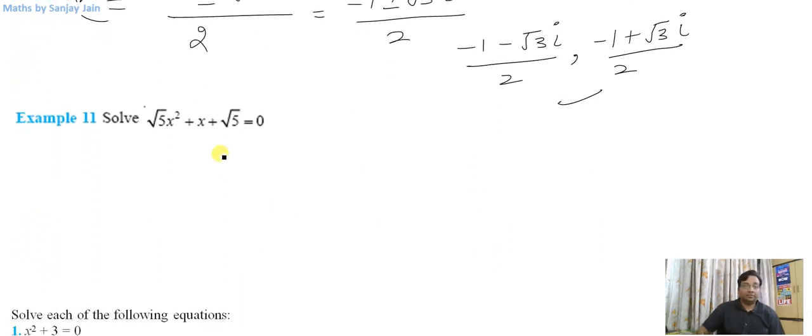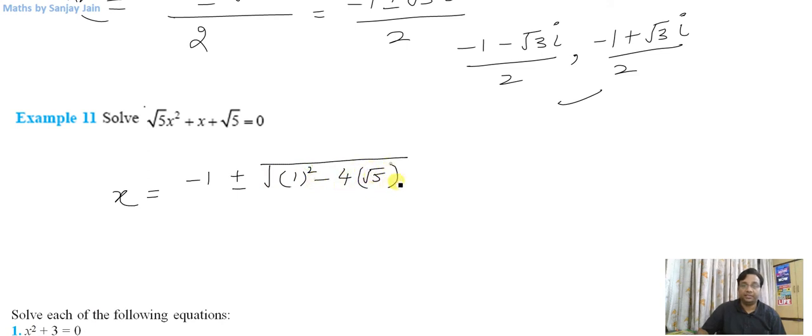Root 5 x squared plus x plus root 5 equal to 0. So x will be equal to minus b, that is minus 1, plus minus square root of b squared minus 4ac, a is root 5, c is root 5, by 2a.